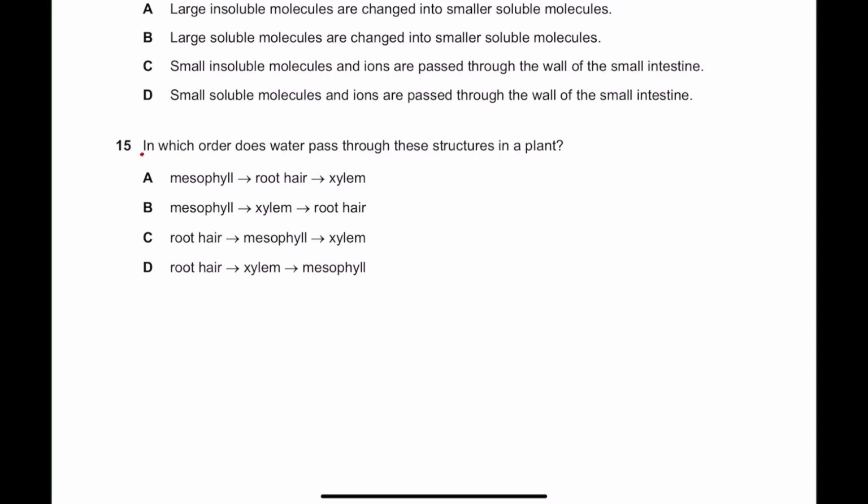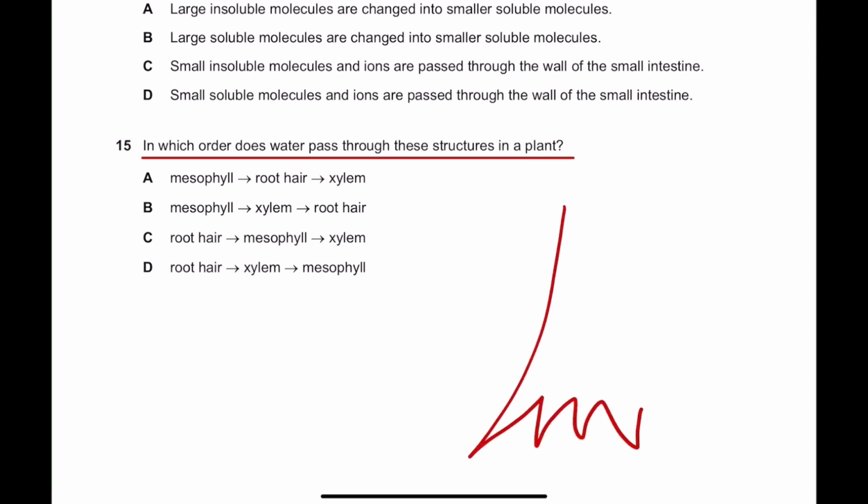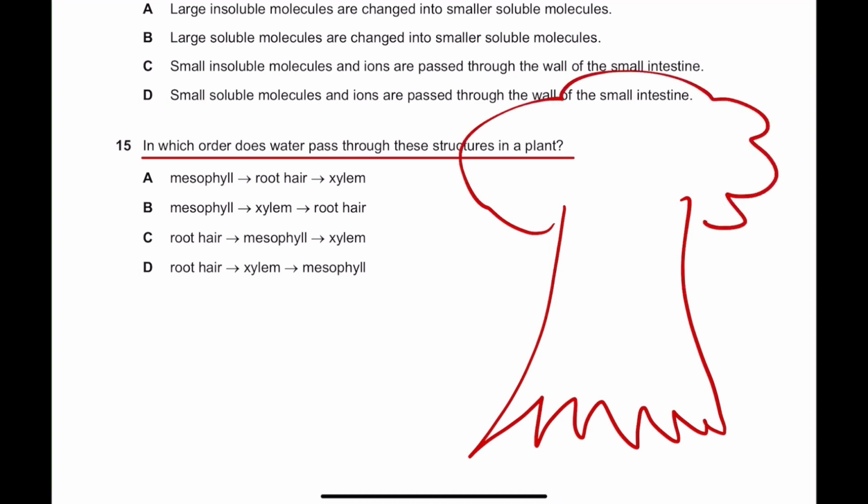Number 15. In which order does water pass through these structures in a plant? So let's draw a tree or plant or whatever. Well, trees are plants. So, okay.